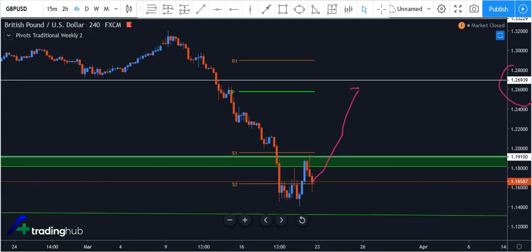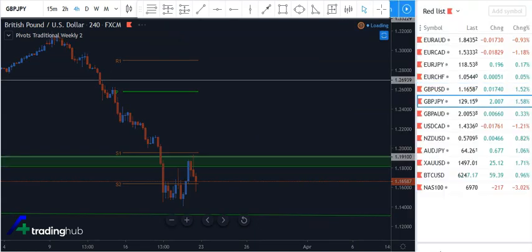But if you see price push a little bit down to the 1.1400 zone, and you get a bullish impulse from the bottom there, then you take another buy trade to the upside. So that is your forecast for the week on GBP USD.